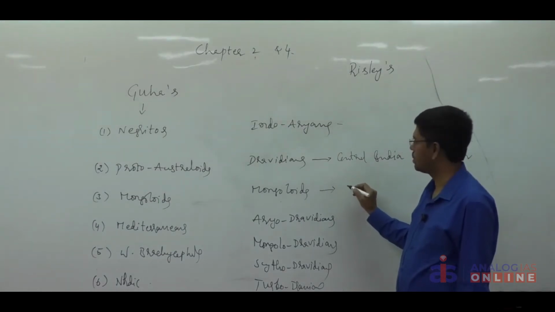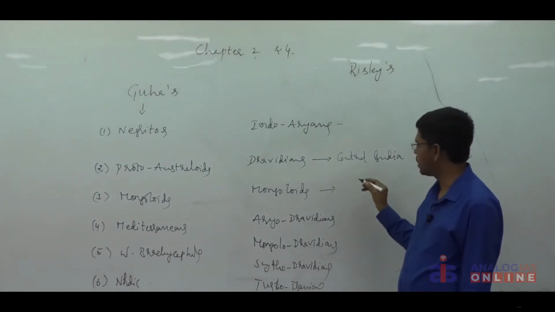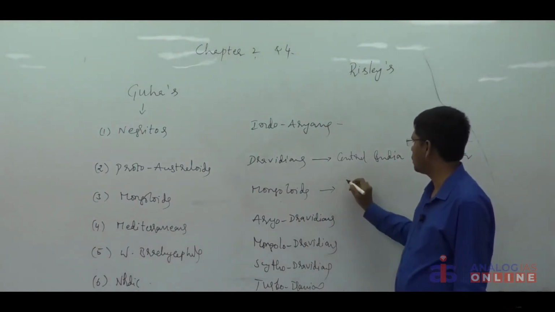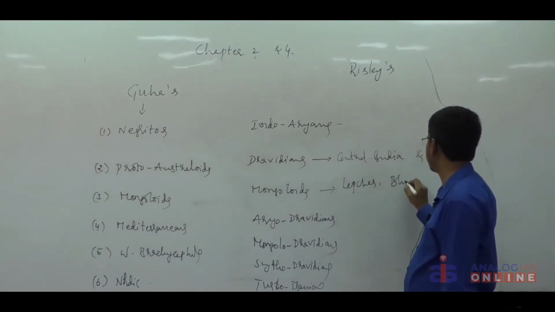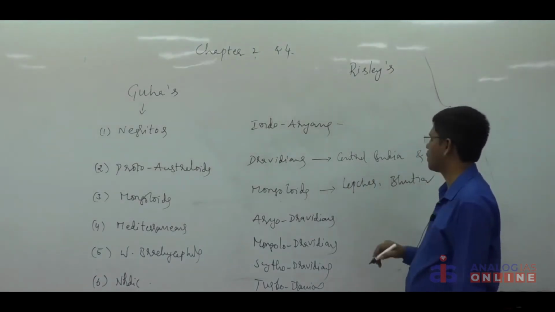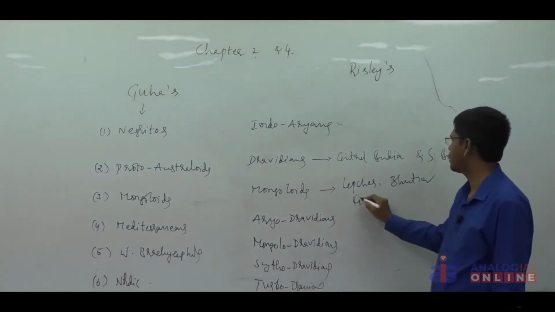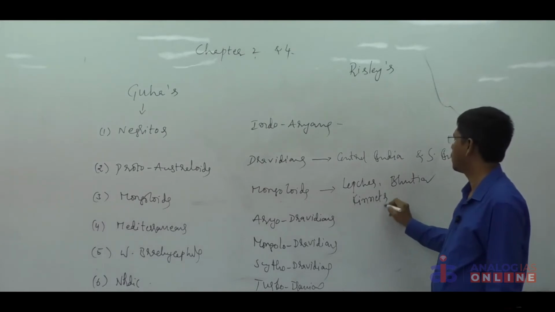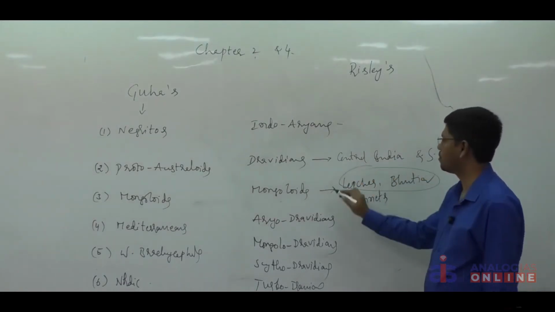Here Mongoloid elements can be seen in the northern part of India, especially in the Sikkim region. In the Sikkim region, Lepchas, Bhutias, Kinnets in Uttarakhand region. These are in the Sikkim and Bhutan region.